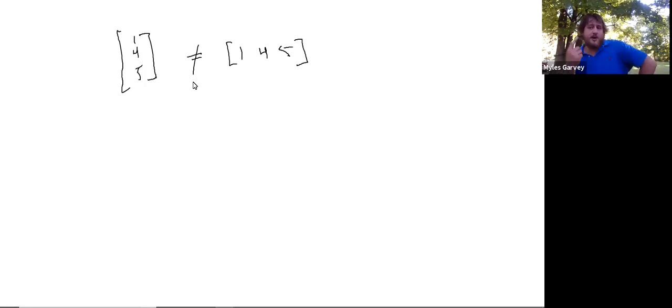However, we do have an operation that will convert the row to a column or the column to a row. That operation is what we call the transpose. We'll get much more into this as we go on. But the transpose allows us to convert a row vector to a column.